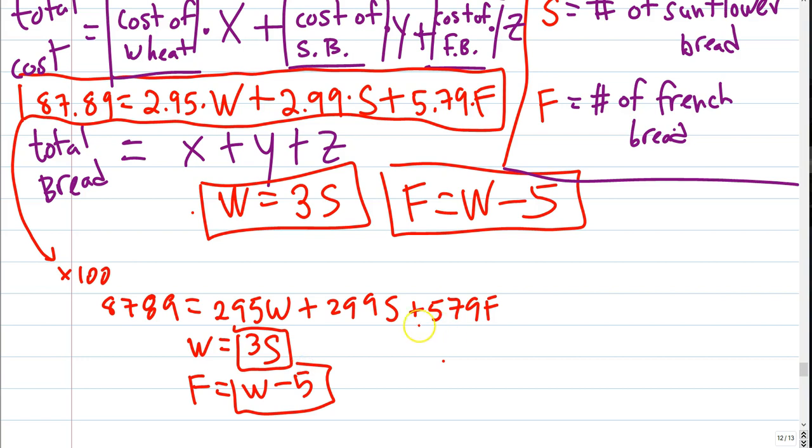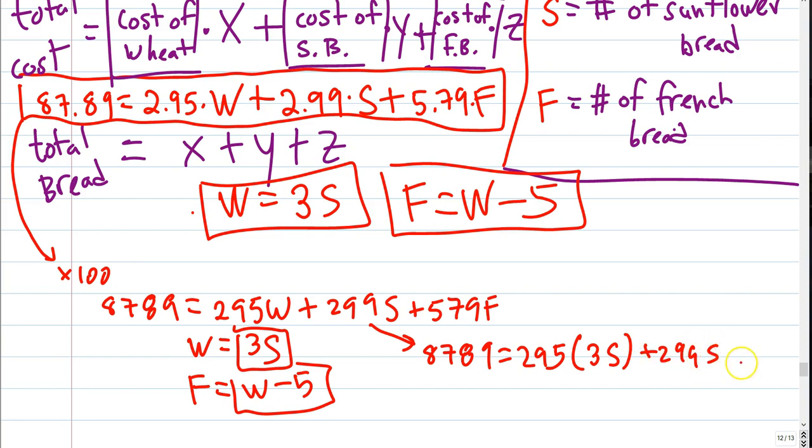So I'm going to take this top equation, which is, I know, kind of terrifying, but say 87.89, no decimal there, it's just a dot I left, is equal to 295 times w. What is w worth? 3s. Plus 299s plus 579 times, what is f?